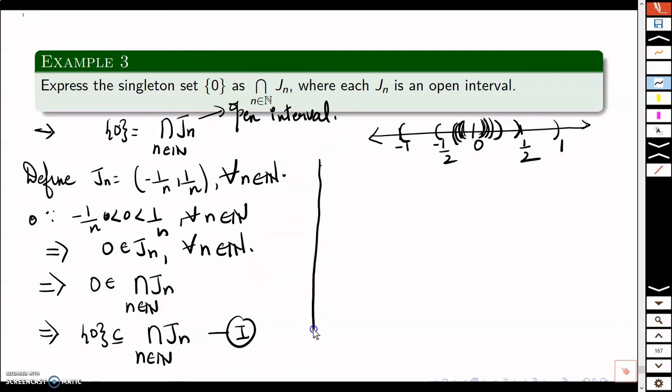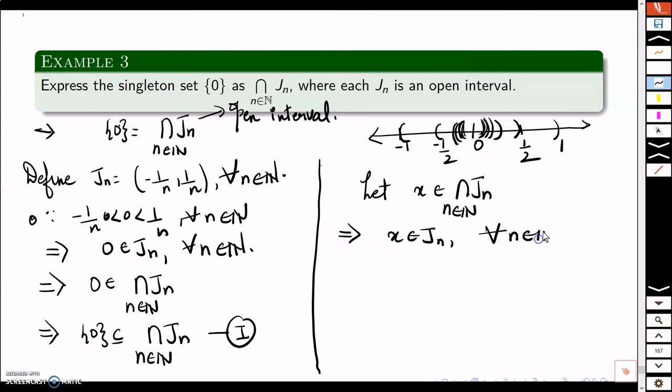Now to show the other side, you start with a point in the intersection of all the Jn's. Suppose x is there in the intersection of all the Jn's, right? So that means x is there in Jn for all natural numbers n, right?